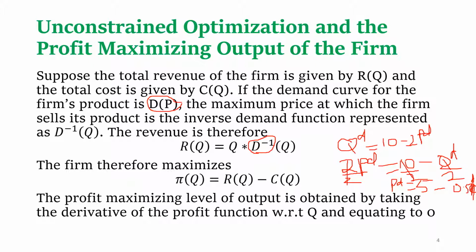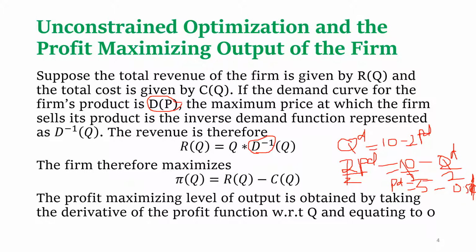So that's all we do. We say 5 minus 0.5 Q multiply by Q, and that gives us the revenue. So then, if we want to find the profit now, what we do is to just get the difference between the revenue and the cost, RQ minus CQ. So the profit pi Q equals to what?